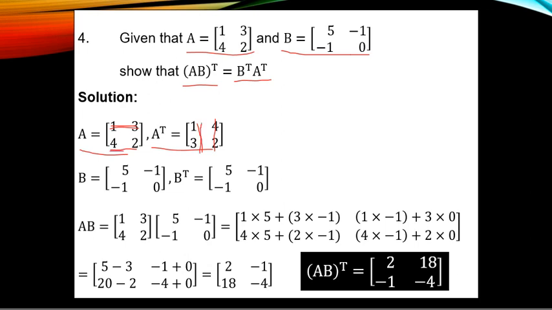You take the second row and make it the second column. Then for matrix B, in the transpose matrix, you take the first row and make it the first column. You take the second row and make it the second column.